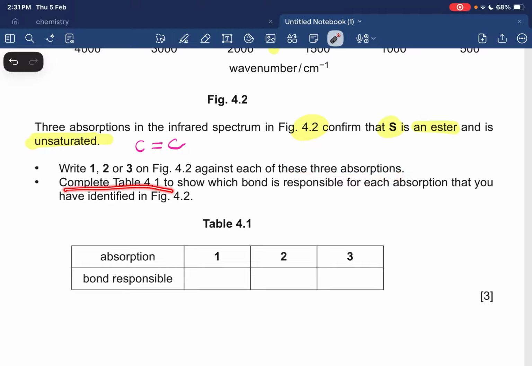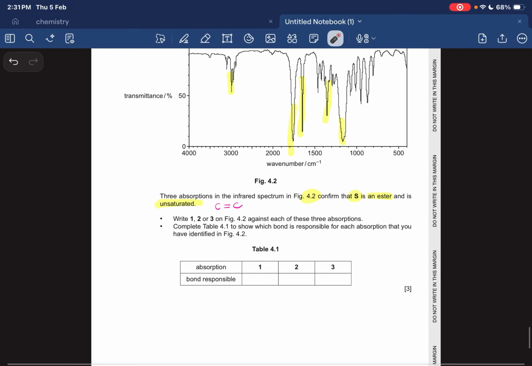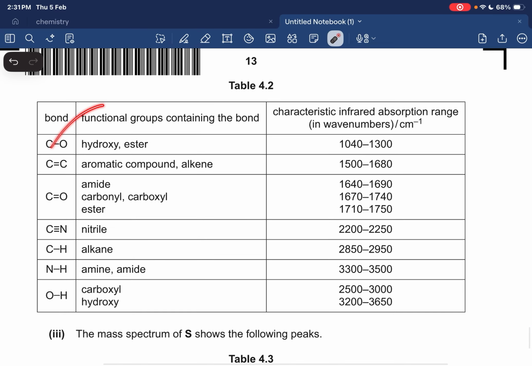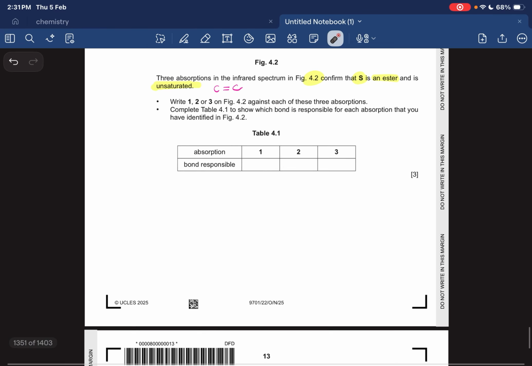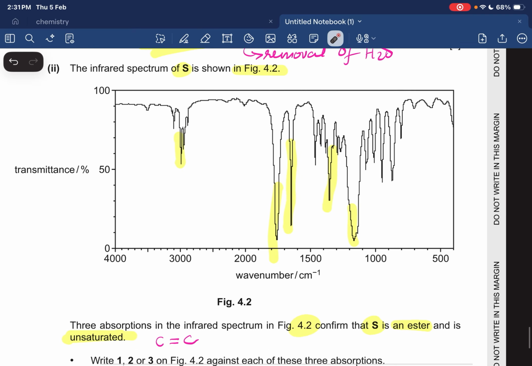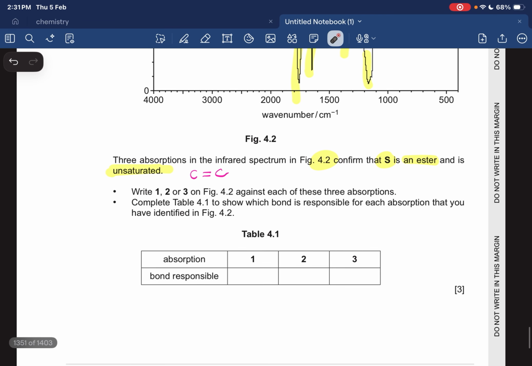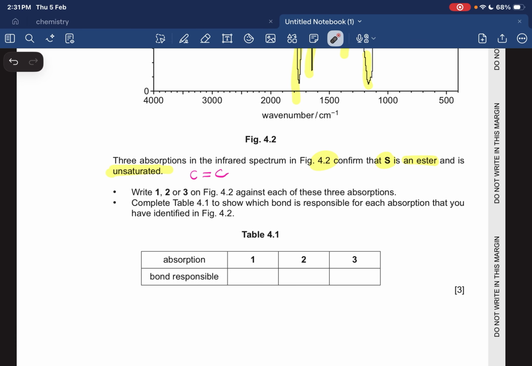Complete table 4.1 to show which bond is responsible for each absorption that you've identified in figure 4.2. Okay, so we have this table over here, and we have to write 1, 2, 3 and say which absorption is responsible for which.